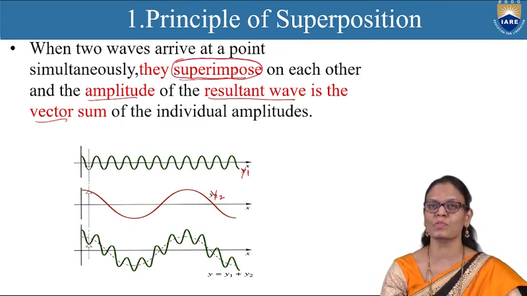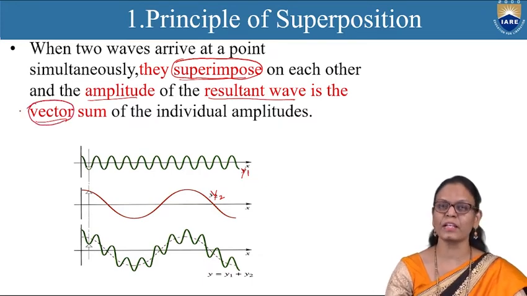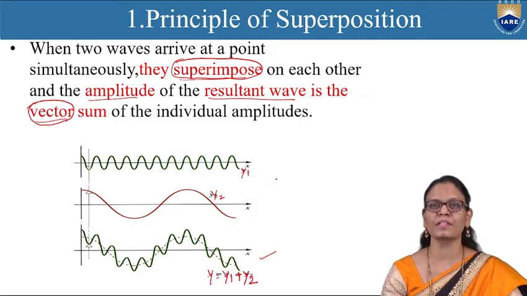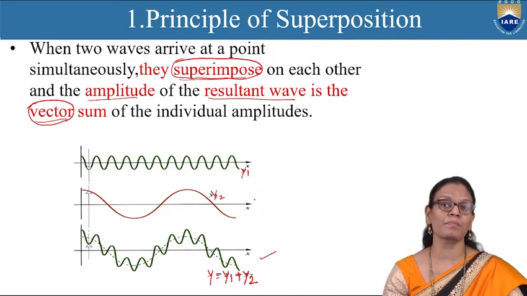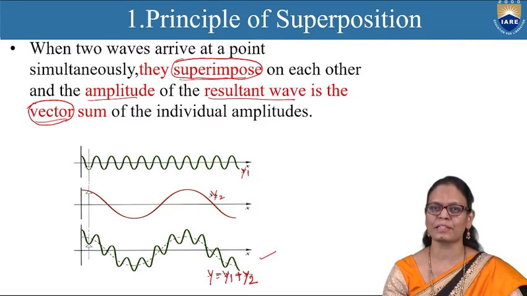When they superimpose on each other, the resultant at that point is the vector sum of the individual amplitudes. So this is the resultant wave. So y is equal to y1 plus y2. So here we have considered 2 waves. If there are more number of waves, it is the resultant of all the waves if they are arriving at a point simultaneously.